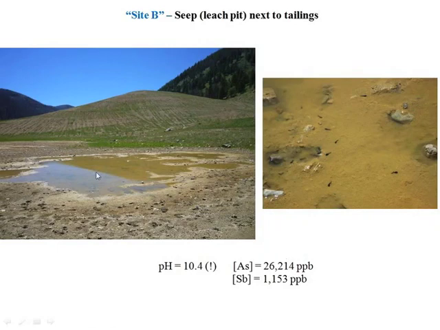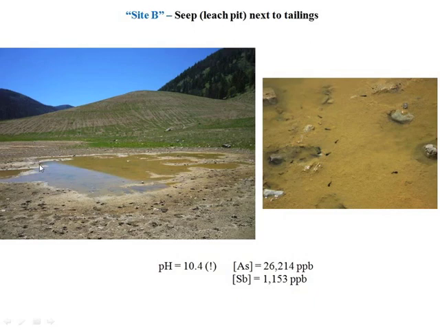Here is the heap seep. This particular picture was taken during a field visit when it had been kind of dry. So this is not a permanent wetland, but it generally contains some amount of water because this is a low-lying spot. This is actually where they had the leachate collection point for cyanide leaching during the 80s, when they were doing cyanide leaching to try to leach gold out of the mine tailings pit.